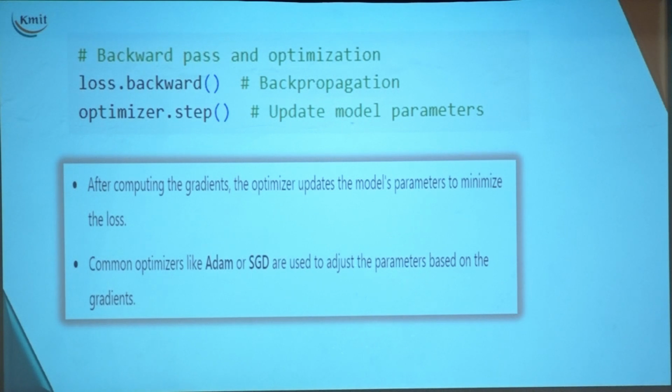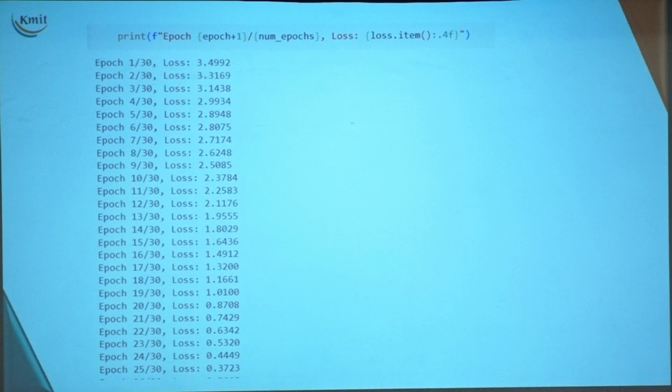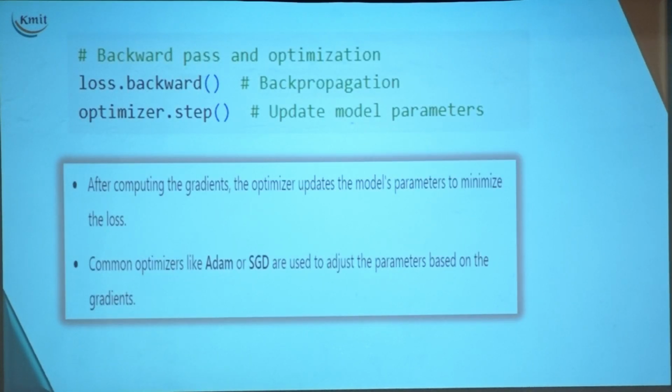When I defined the optimizer, I chose Adam. But here I am calling optimizer dot step. So what is this dot step? The optimizer will update the model parameters in order to minimize the loss, at every step.